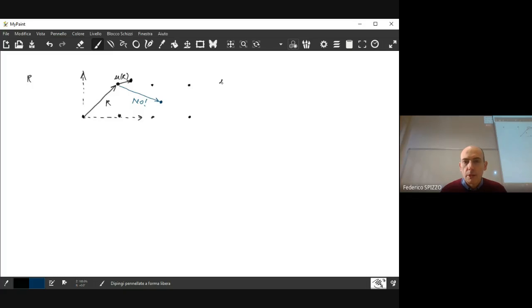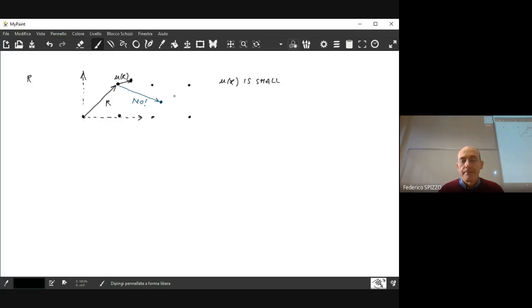So we suppose that U of R, the deviation from the equilibrium position, is small. In a while, I will tell you what we mean by saying small.